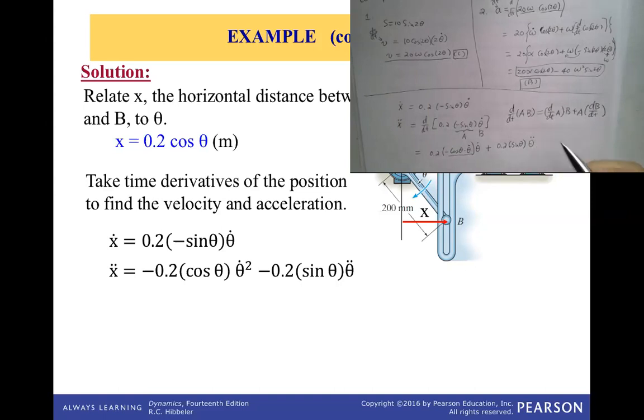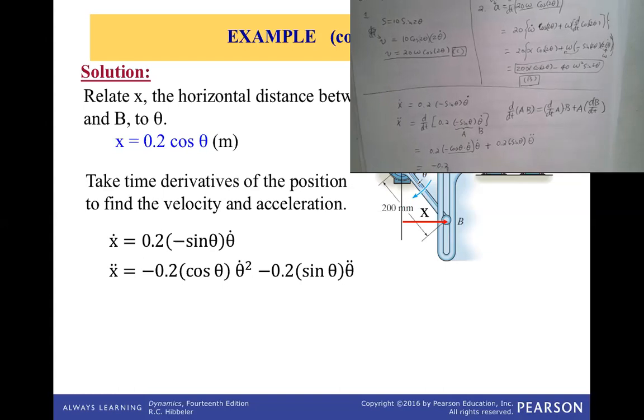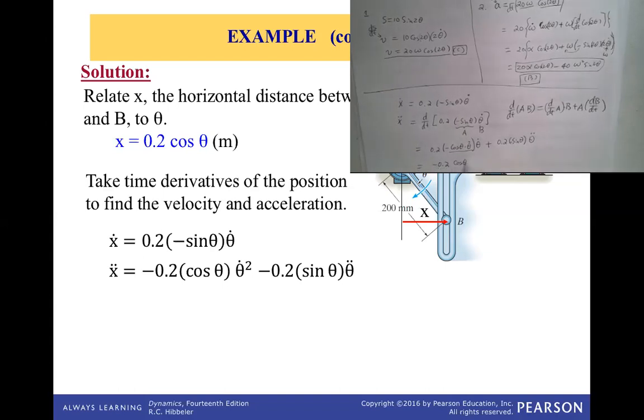So this becomes, you take the negative sign in front, minus 0.2 cosine theta multiplied by theta dot squared, because there's a theta dot here and another theta dot there, minus 0.2 sine theta multiplied by theta dot dot. There are a couple of steps missing here, but this is what the second derivative of the equation gives you.